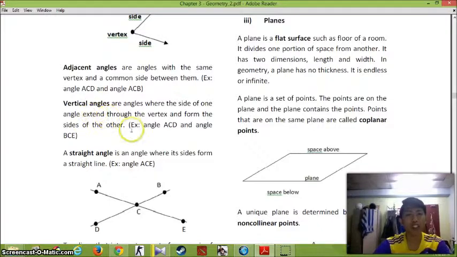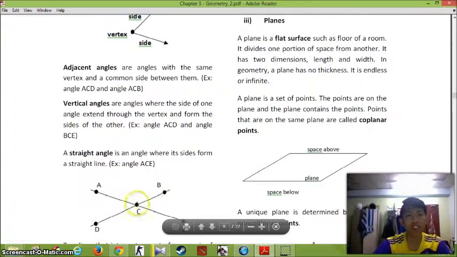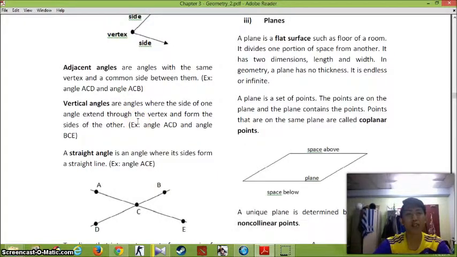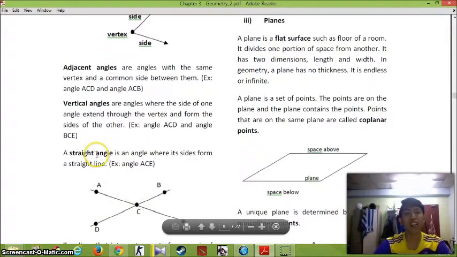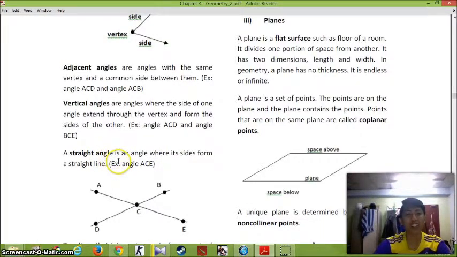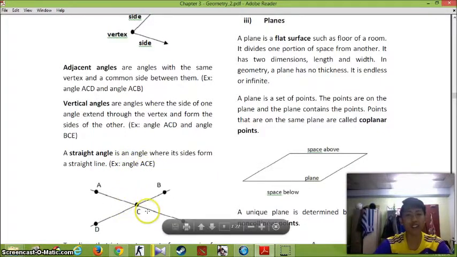Meanwhile, for vertical angles, the example is angle ACD and angle BCE, where the side of one angle extends through the vertex and forms the side of the other. A straight angle, an example is angle ACE. This is the example.